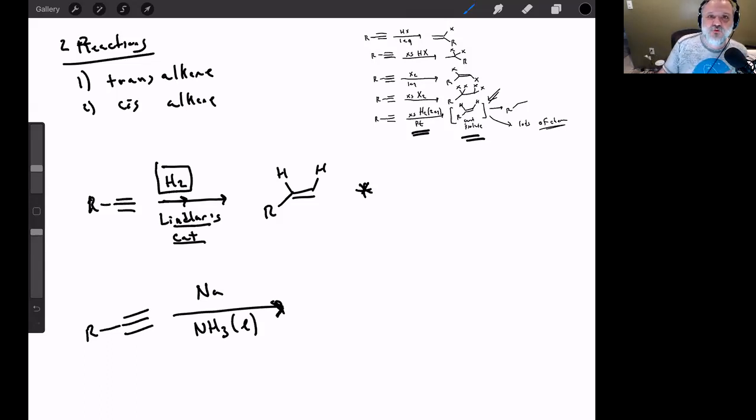But what's similar is that we have a metal. And we should start to get our heads around the idea that metals reduce organic compounds. And this is exactly what's going to happen here: this sodium acts as a reducing agent, and so it's going to reduce the alkyne.